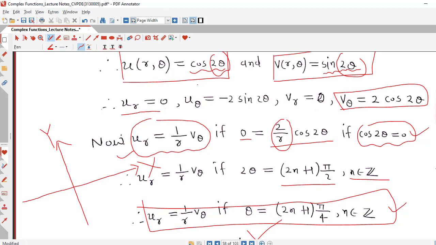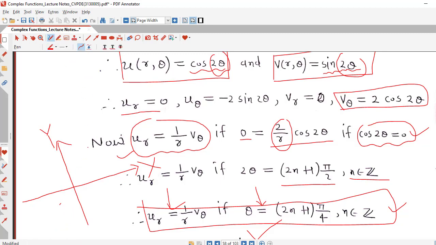That means this equation is satisfied at all those complex numbers whose argument is pi by 4. If I take n equal to 0, I obtain this equation is satisfied if theta equal to pi by 4. So this equation is satisfied if theta is pi by 4. That means it is satisfied at all the complex numbers on the line theta equal to pi by 4.